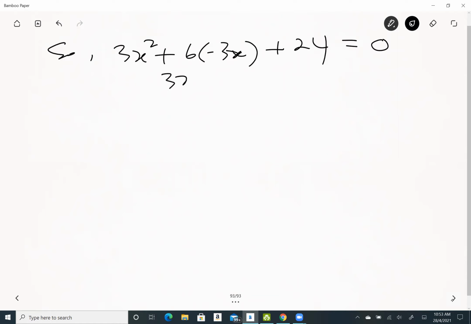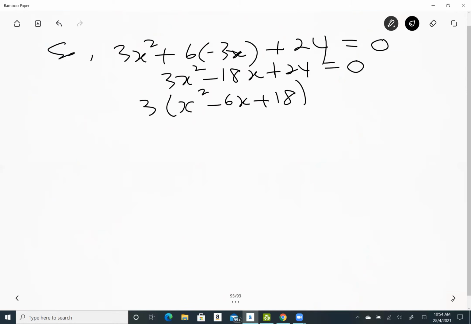I get 3x squared minus 18x plus 24 equal 0. So here, the book, they factor out the 3. Okay, so you got 3, you got x squared minus 6x plus 8. So we just follow the book, factor out.